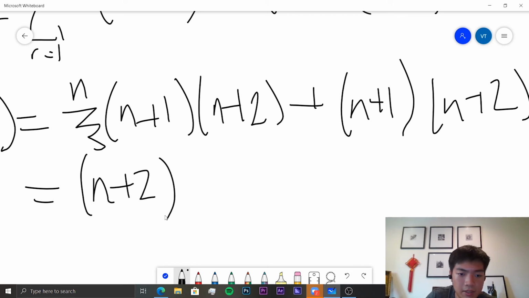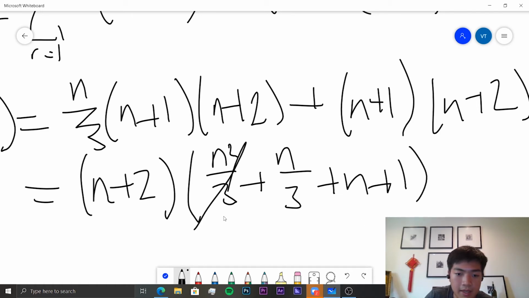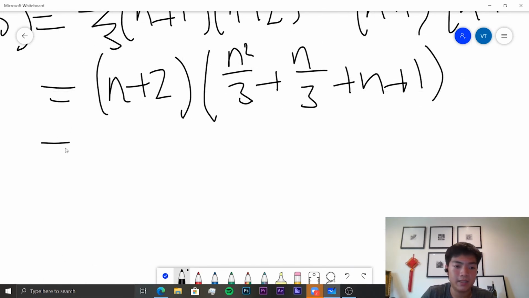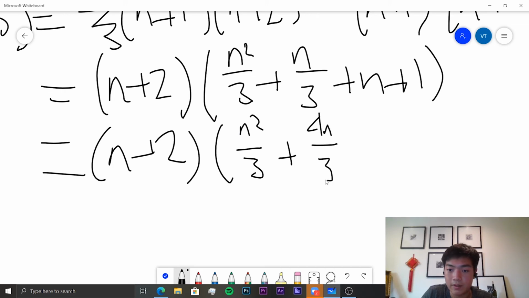So we can say n plus 2 times n over 3 plus n squared over 3 plus n over 3 plus n plus 1. And so this simplifies to n plus 2 times n squared over 3 plus 4n over 3 plus 1.